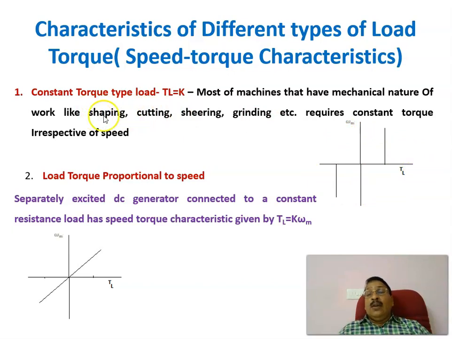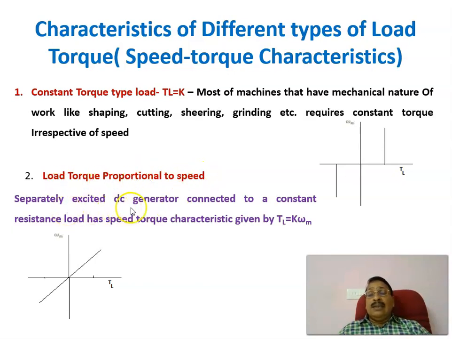The type of application decides the requirement of the load torque versus speed characteristics. Therefore, this is one type, the constant torque type of load, TL equal to a constant K. Second is where load torque is proportional to the speed.